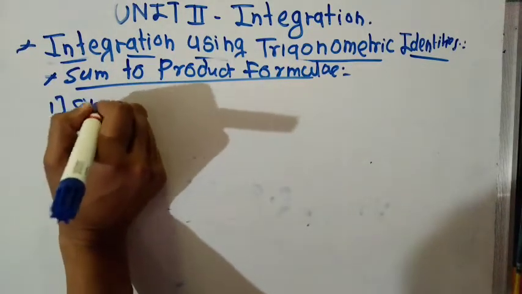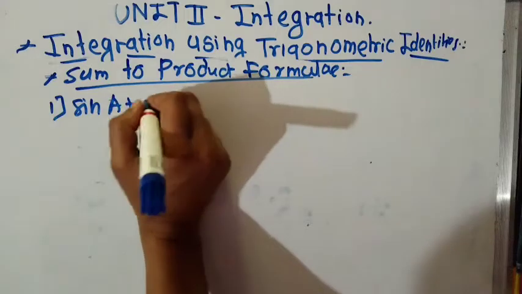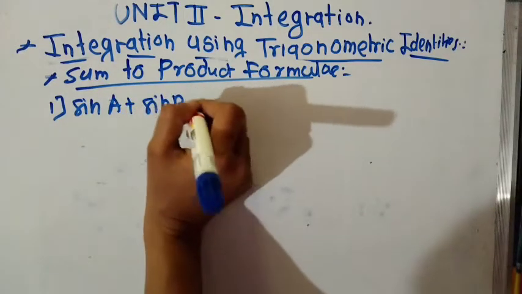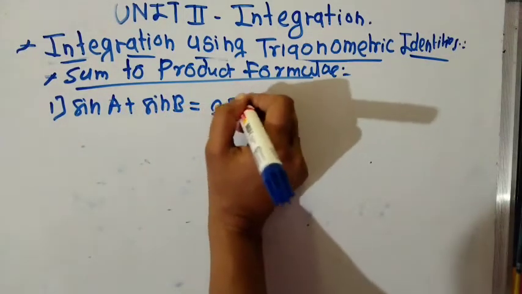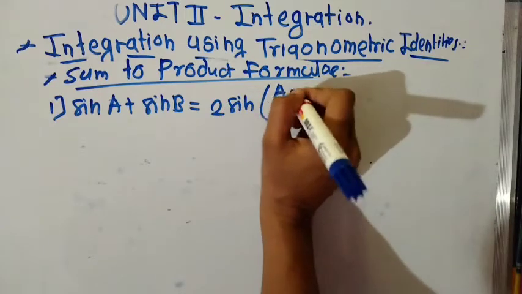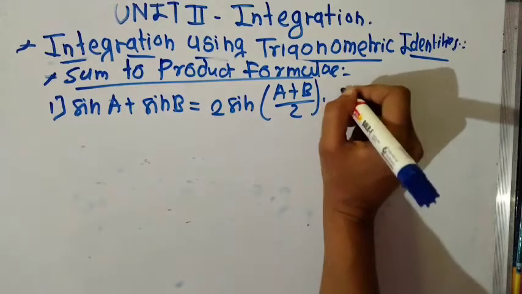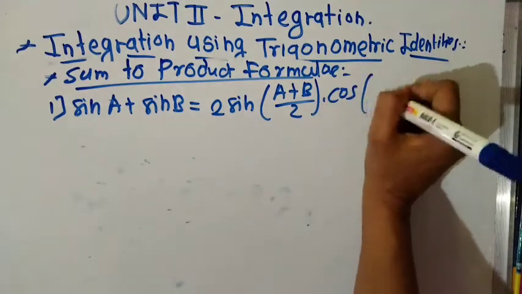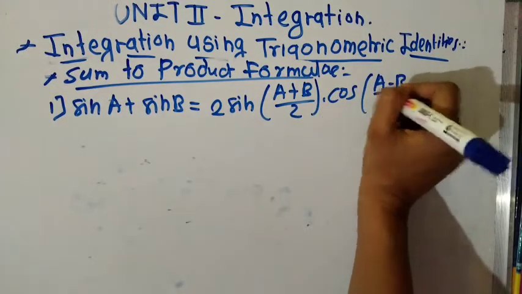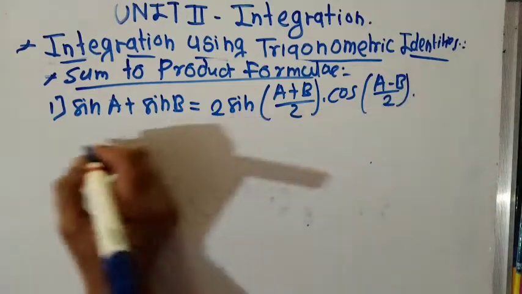First is sin a plus sin b which is equal to 2 sin a plus b upon 2 into cos a minus b upon 2.